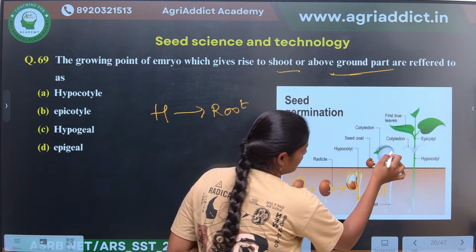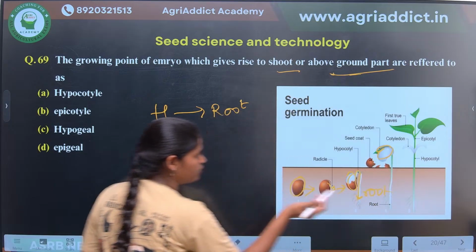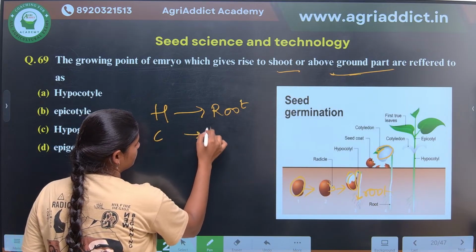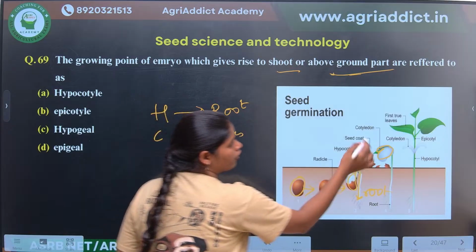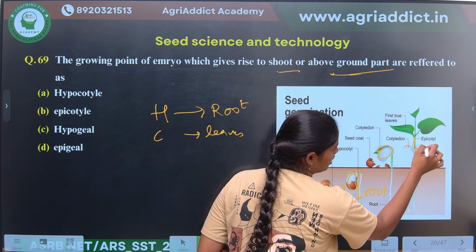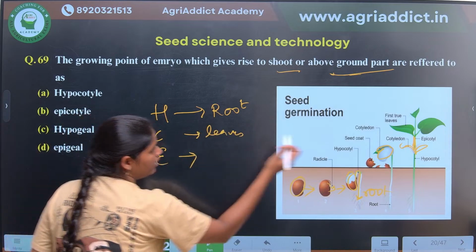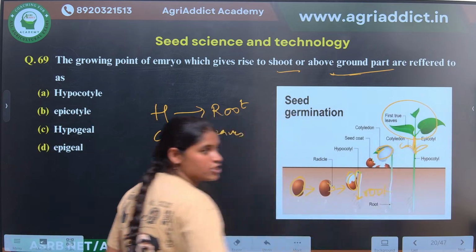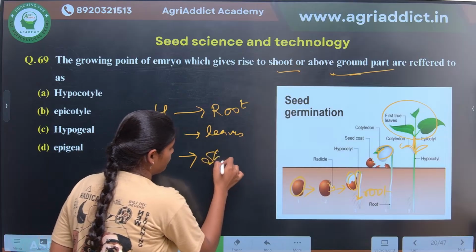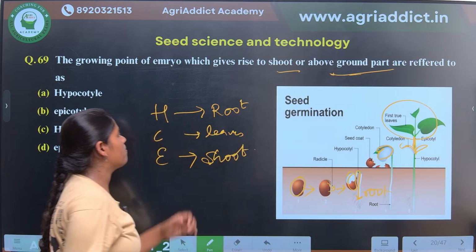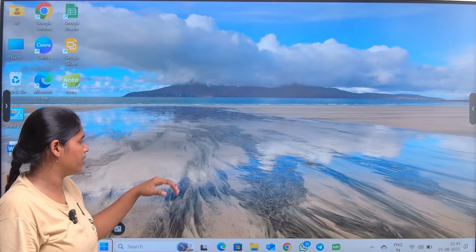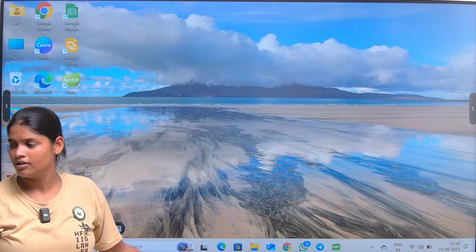Next you get the cotyledons, that is, seed leaves. Above the cotyledons you have the epicotyl, which will give rise to the first true leaves, that is, the shoot.